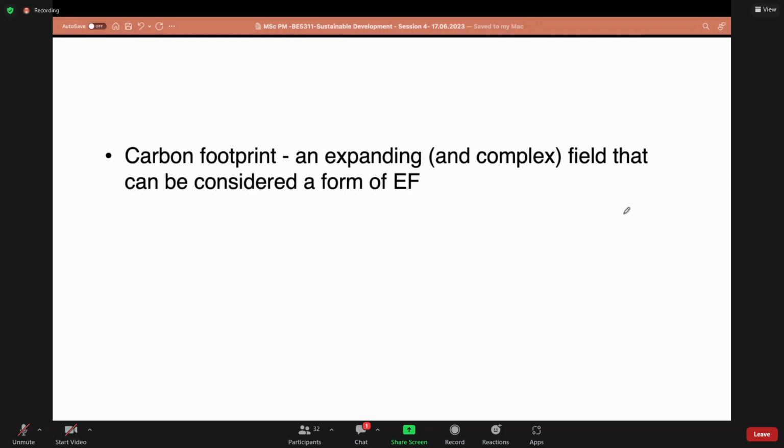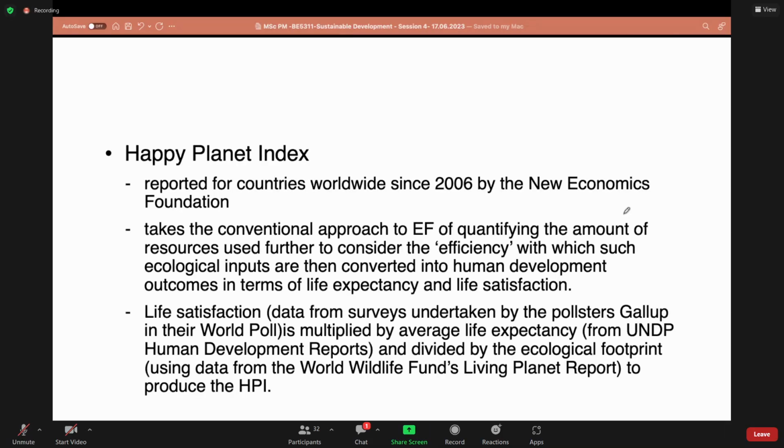The carbon footprint is something similar to the ecological footprint. It's measuring in terms of your carbon emissions. Then another use of indicators is the Happy Planet Index report, which has been reported for countries worldwide since 2006. It's done by the New Economics Foundation.